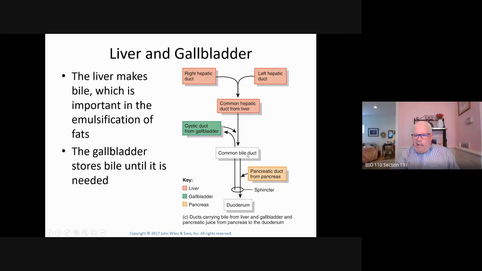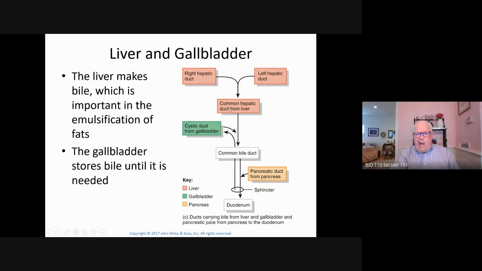The common bile duct attaches to the pancreatic duct, and both these ducts empty into the duodenum. So the enzymes from the pancreas and the bile from the common bile duct all empty into the duodenum. That is extremely important to understand. Okay?